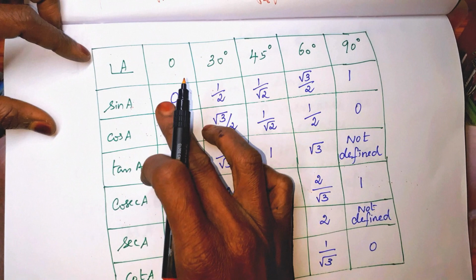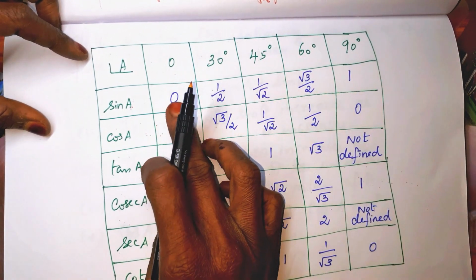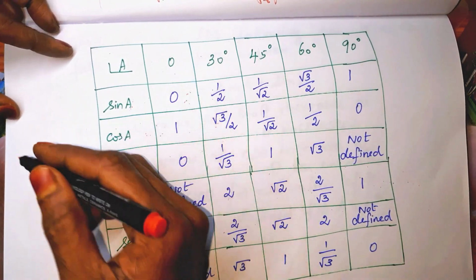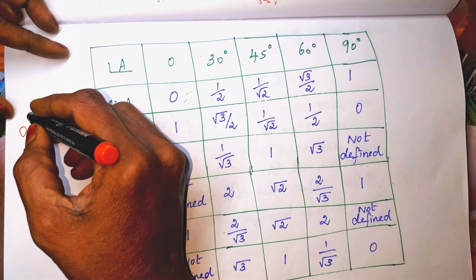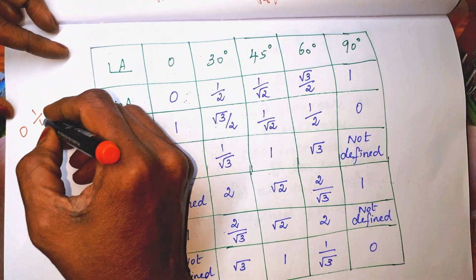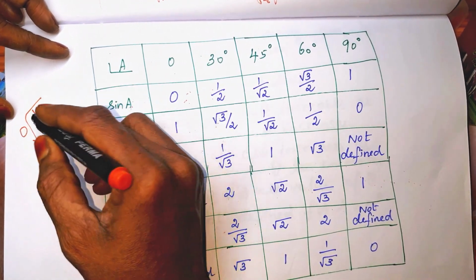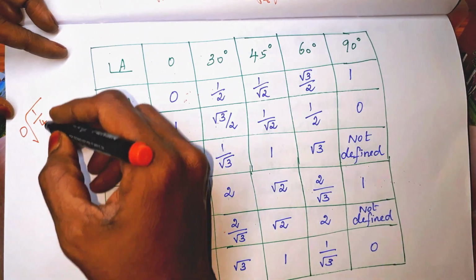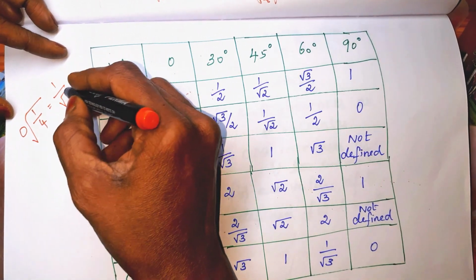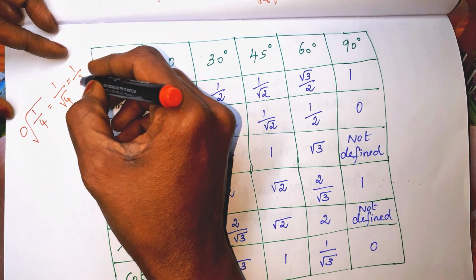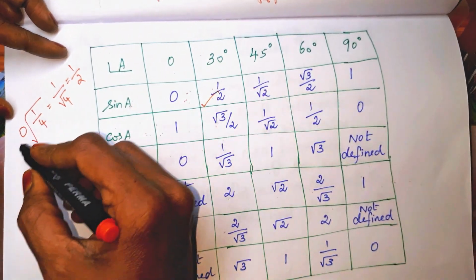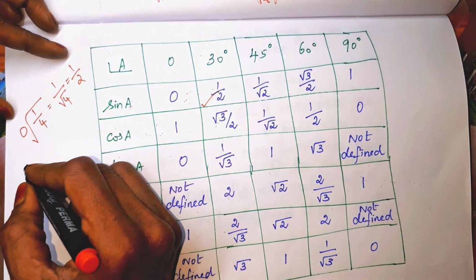How does it start? We have to take 0 first. Then the quarter value, that is 1 by 4, and take its root. Root of 1 by 4 is 1 by root 4, which is 1 by 2. That is this value. After quarter, half will come.